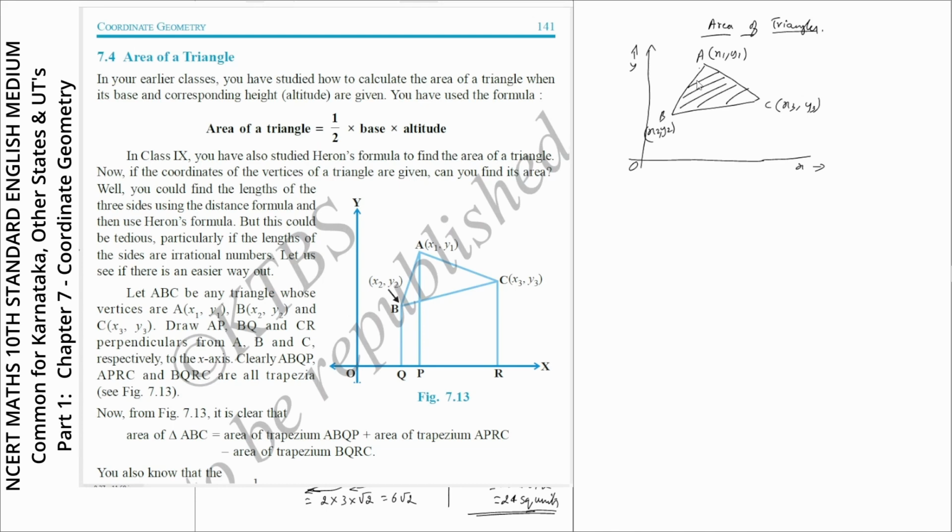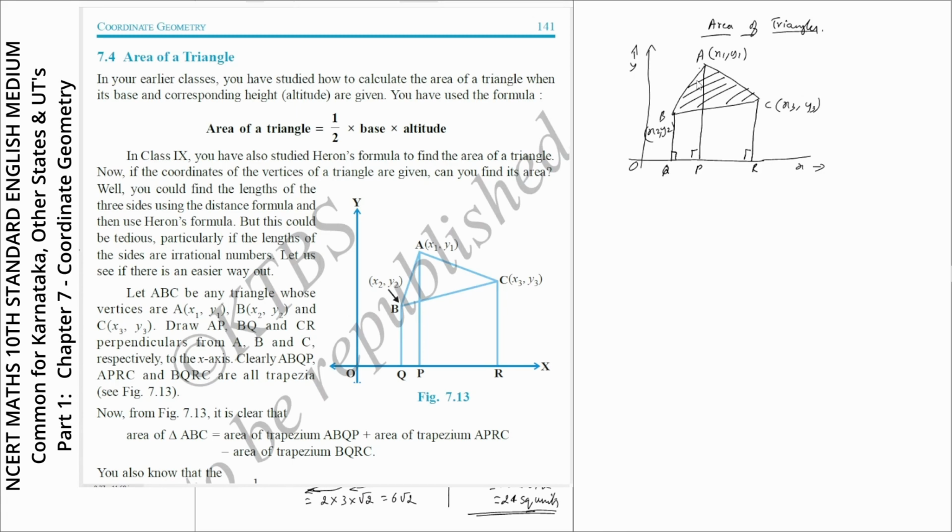Okay. To find the area, what I'll do is I'll draw perpendicular from point A, from point B and from point C. I'll draw perpendicular to x-axis and I'll call those points as Q, P and R. So perpendicular means they make an angle of 90 degree to the x-axis.